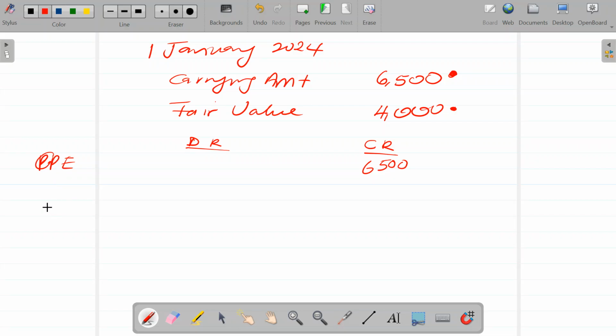Then we have to debit our non-current assets held for sale, a current asset. Let me see. So we credit.